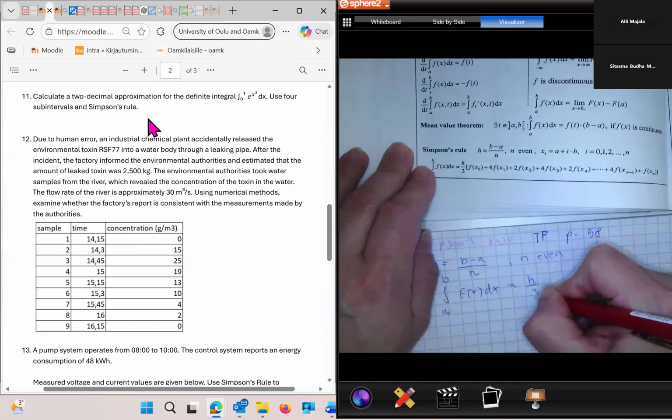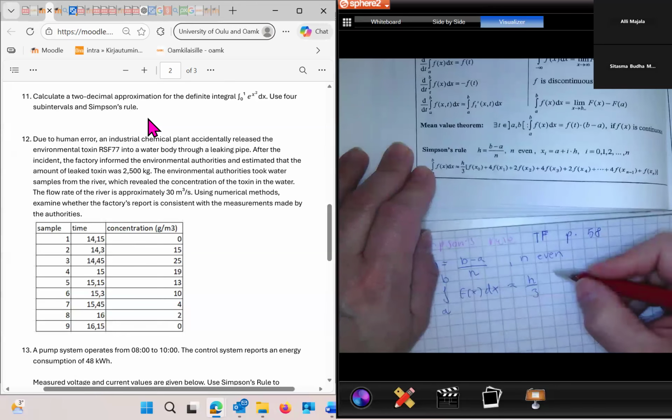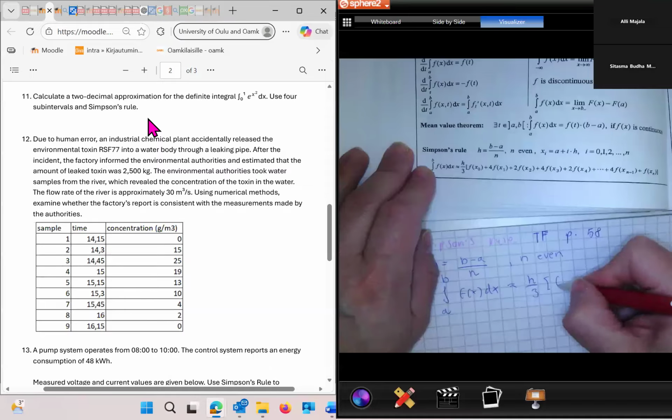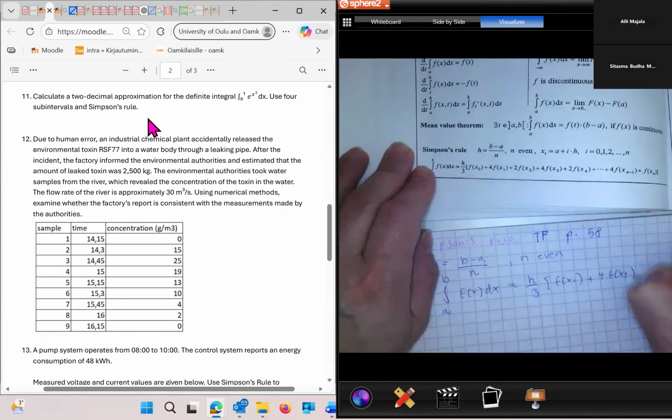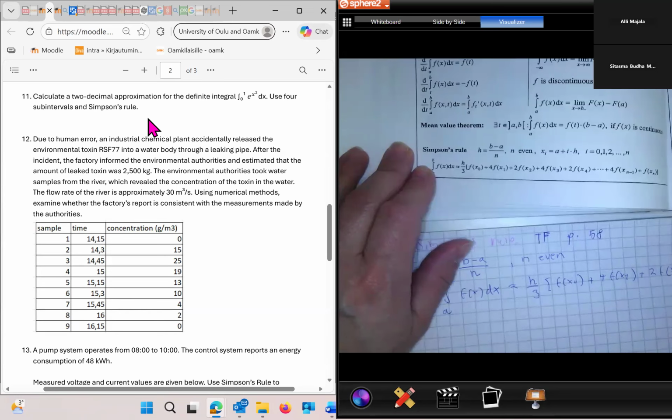So I use this kind of a great approximation formula. I always multiply with 4 and 2.